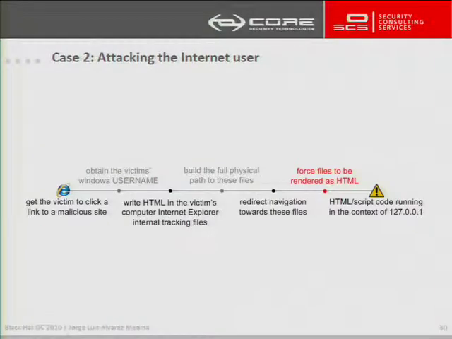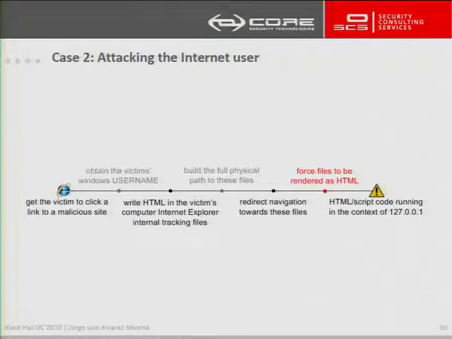This way, the attacker could manage to obtain the victim's actual username. That username will be needed to carry out the attack later on. In the meantime, this malicious web page the user is visiting will write malicious HTML code into the tracking files on the victim's computer.